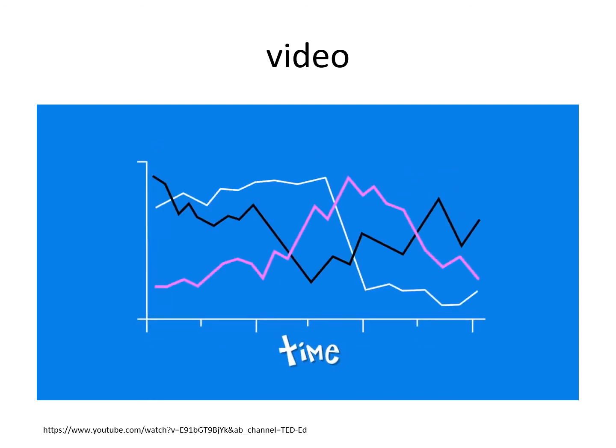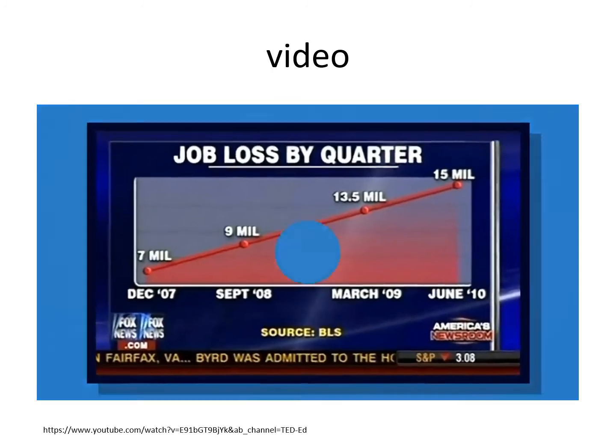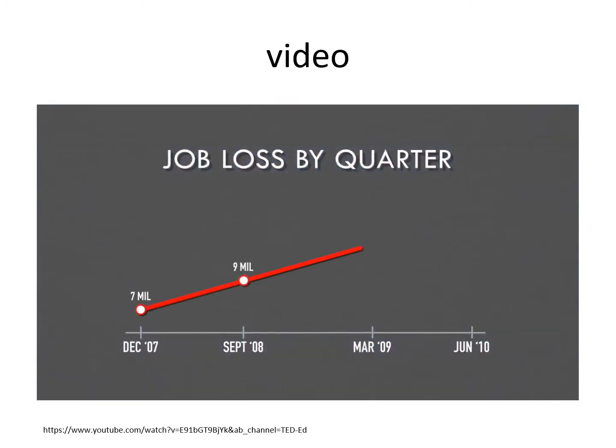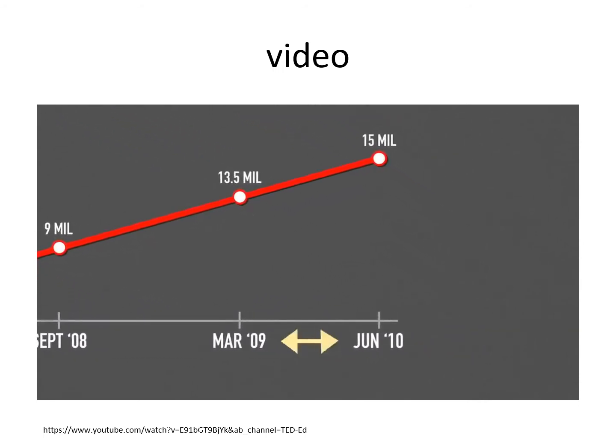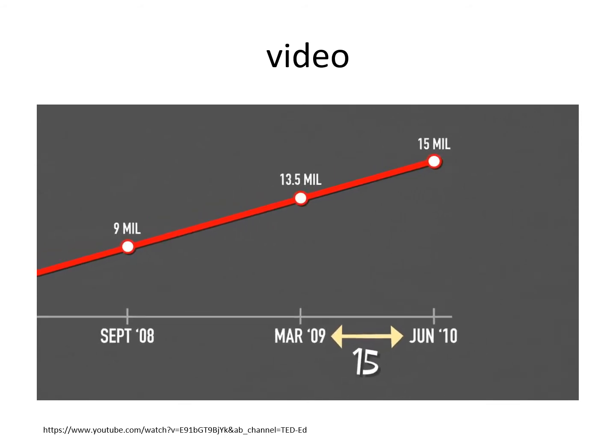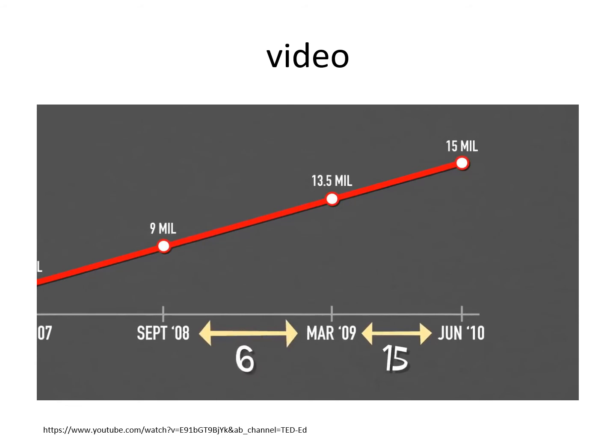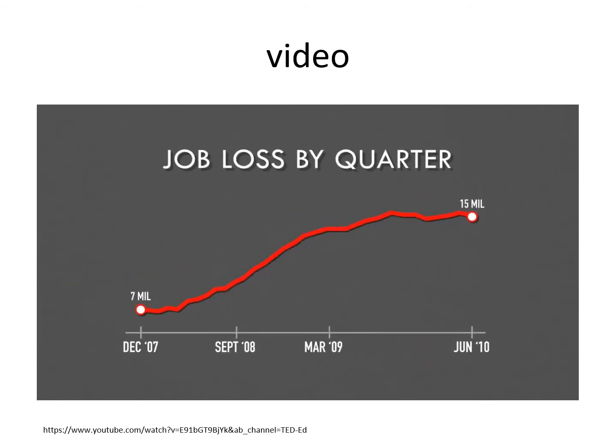over time. This chart showing the rise in American unemployment from 2008 to 2010 manipulates the x-axis in two ways. First of all, the scale is inconsistent, compressing the 15-month span after March 2009 to look shorter than the preceding 6 months. Using more consistent data points gives a different picture, with job losses tapering off by the end of 2009.